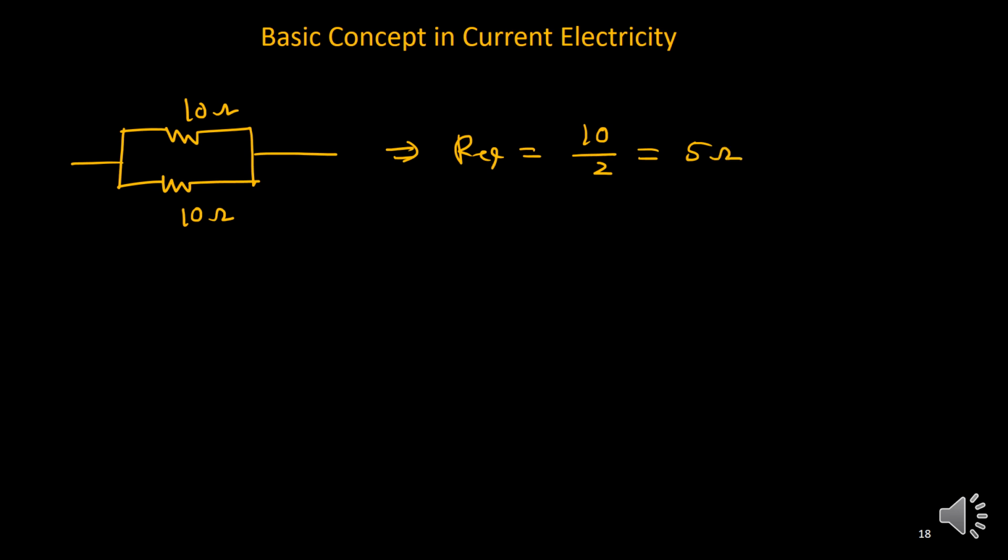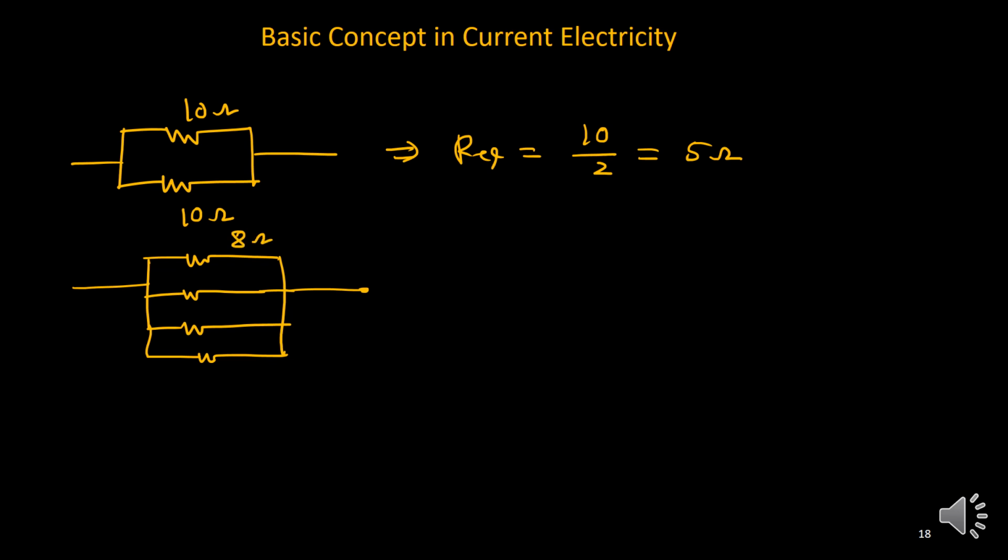Similarly, if we have a larger number of equal resistances, so I have 4 resistances and all are 8 ohms, equal ones. So R equivalent will be, as this is 4, I need to divide by 4.